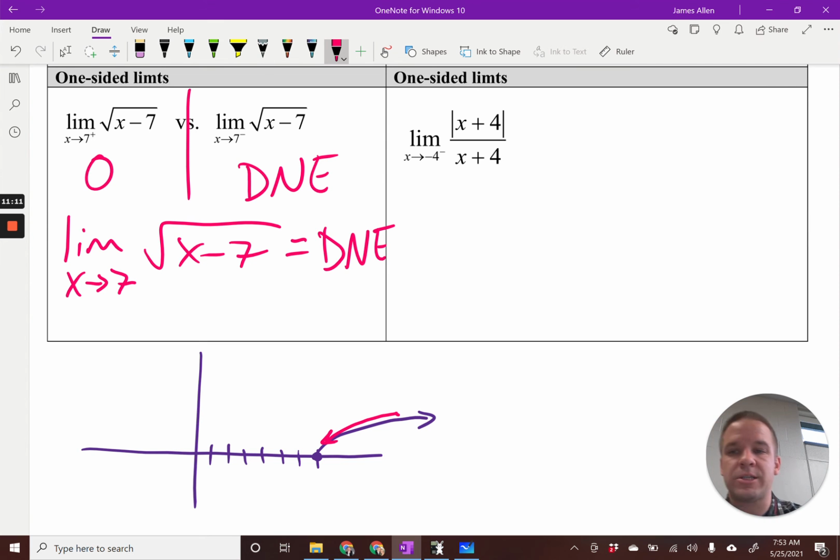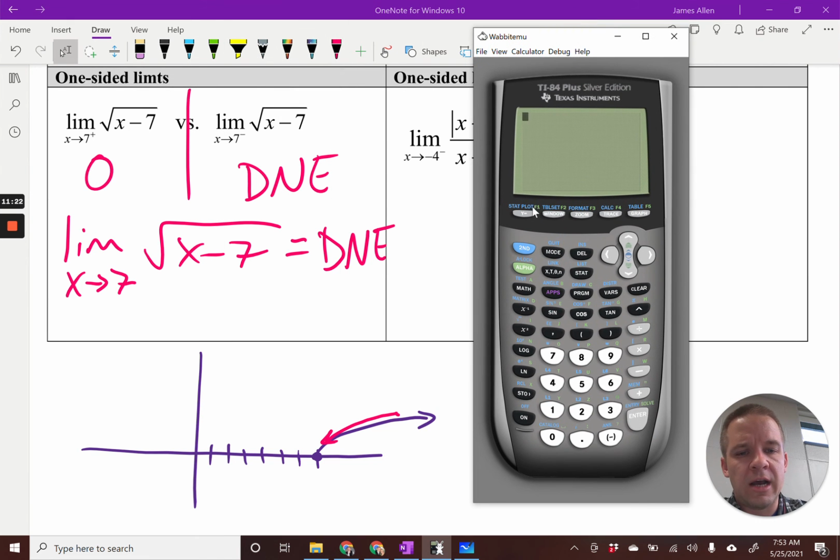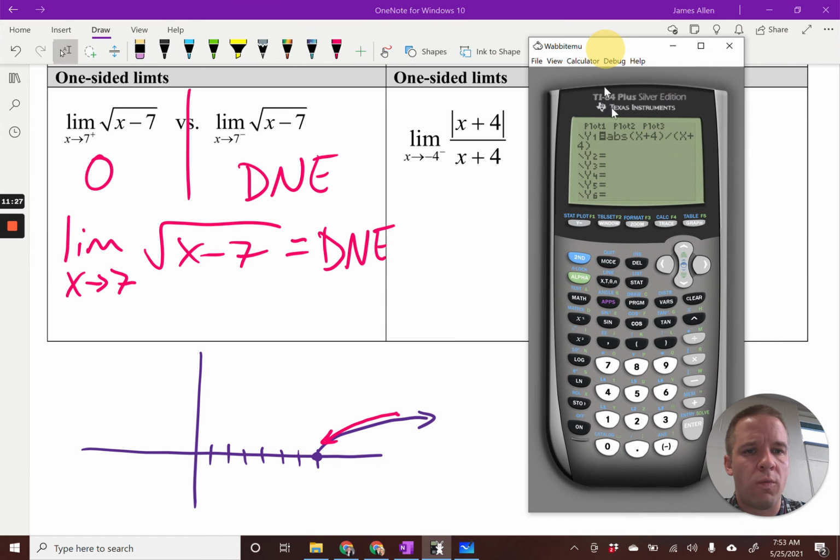Now let's take a look at this last one here, and we're going to pull out our calculator for this. All right, so I've got my TI-84 Plus Silver Edition on my emulator. If I go to my y equals, I'm going to plug that in. I've already done that. Now you might be wondering, where did you get that absolute value?